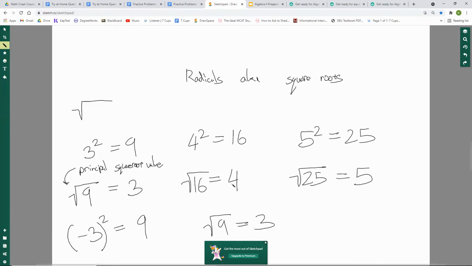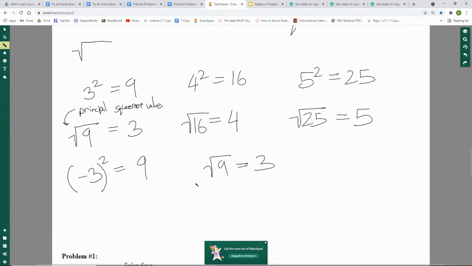What you can actually do, though, is take -3 squared, which equals 9, and you can take the square root of this value and the square root of that value, and you get rid of the squared here.